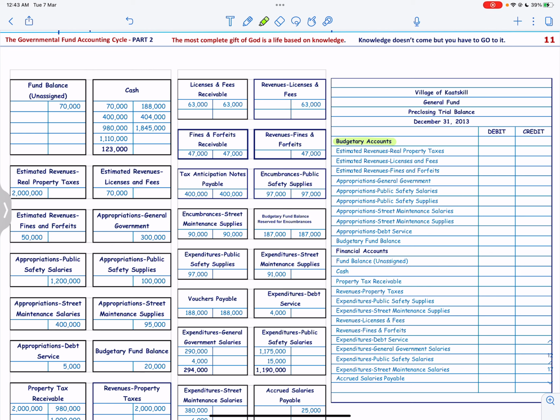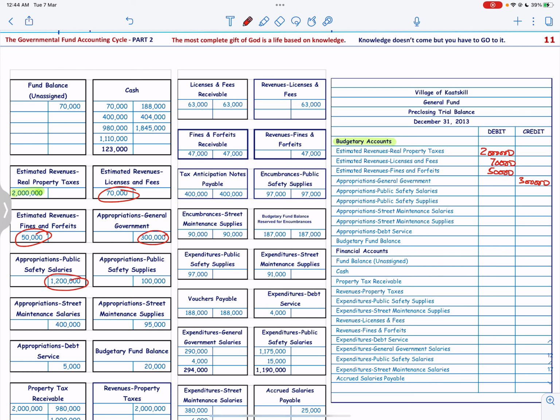So we have estimated revenues, that is 2 million, and that is going to be debit. Then we have estimated revenue 70,000. Then we have estimated revenues, fines and forfeits 50,000. Then we have appropriations, general government salaries, 300,000.